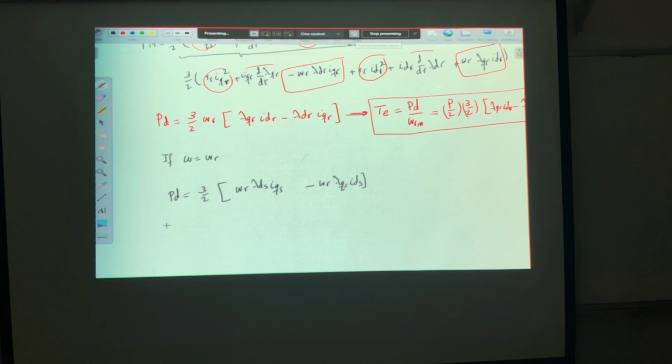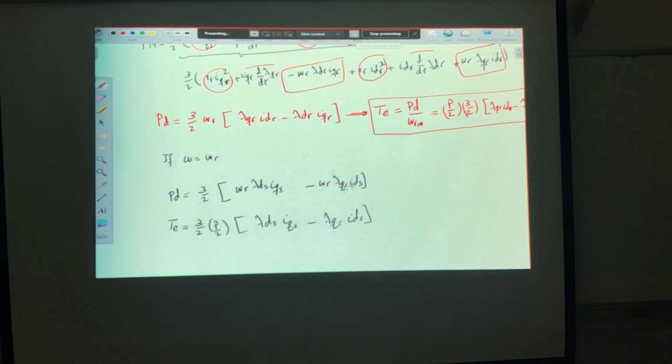So from here I can calculate the developed torque, which will equal 3 over 2, P over 2, and lambda ds iqs minus lambda qs ids. Good. Of course, I can exchange in between. If I need to represent it in terms of the current, I have a relation between lambda q and the current.